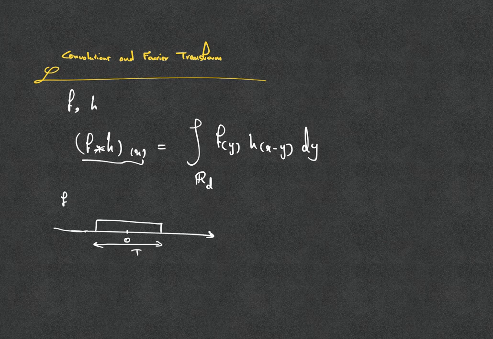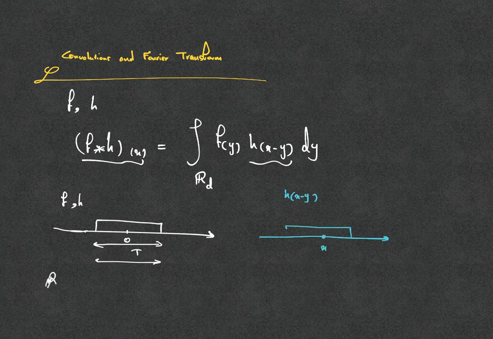If you consider f to be a function that is constant for a duration of t and has the domain of basically the entire R, and if you also consider h to be the same function, you can see that based on this definition you have a shift, a transform, then multiplication and integration over the following curve, which means that this would essentially be like this.